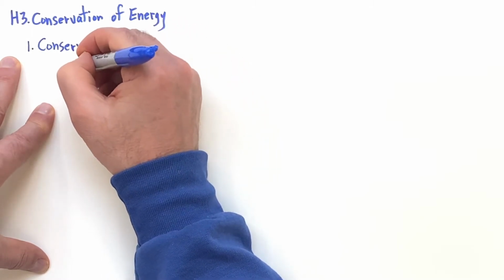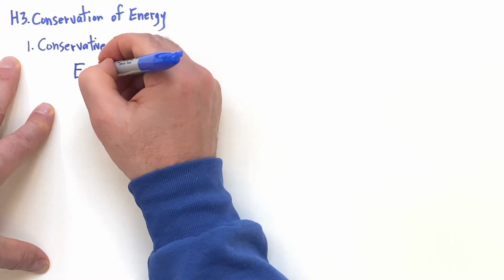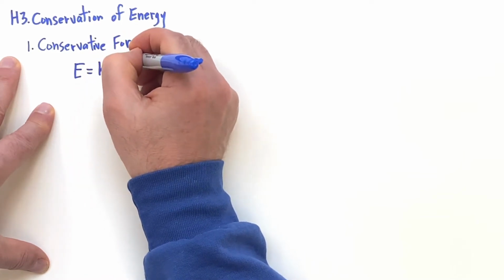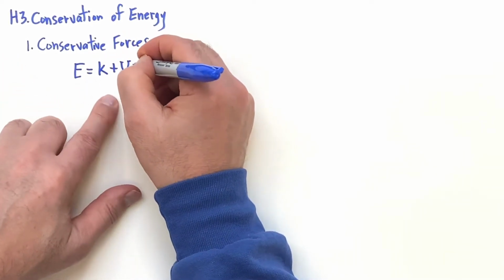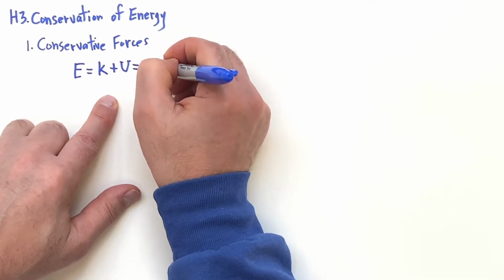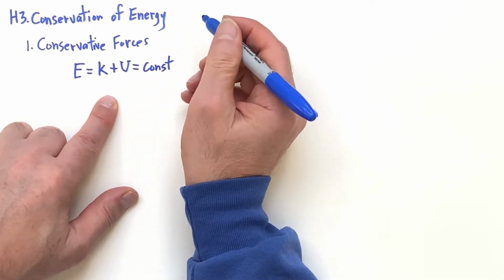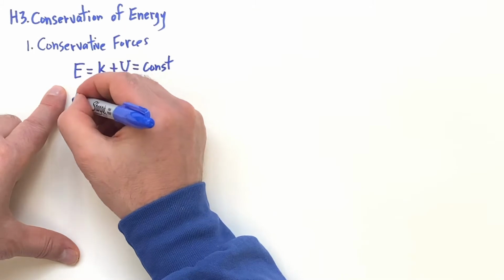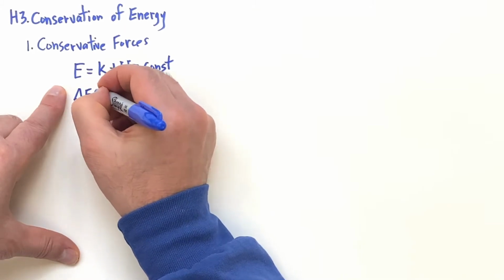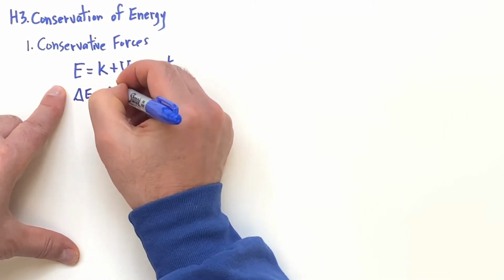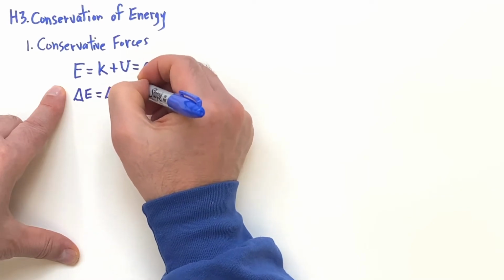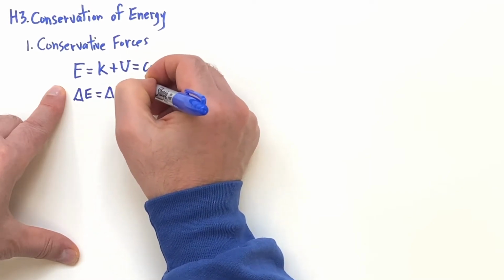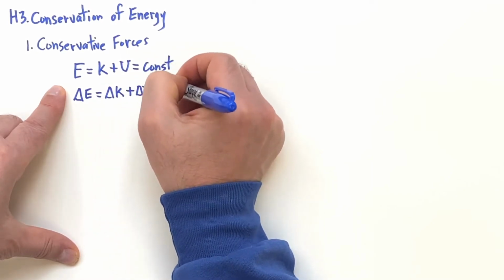We have seen in the last section we could write down the energy as the kinetic energy plus potential energy, and that's going to be equal to a constant. Therefore, any change in total energy, which would be the sum of the change in kinetic and the change in potential, is zero.